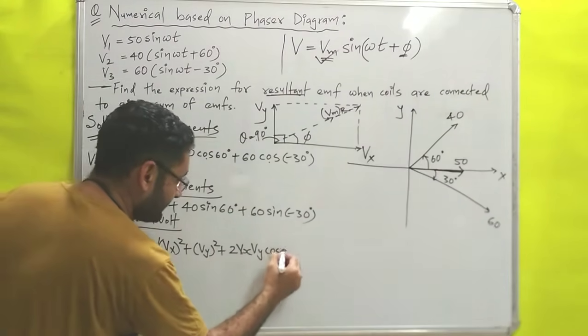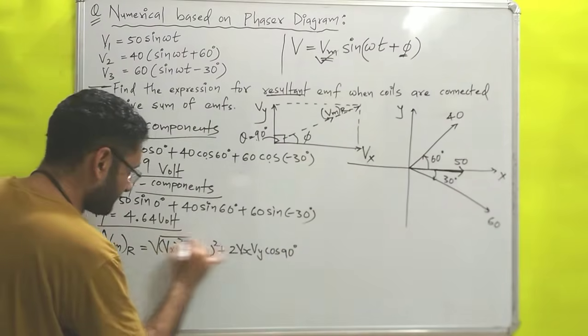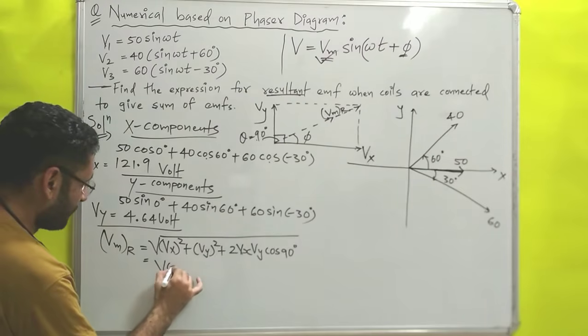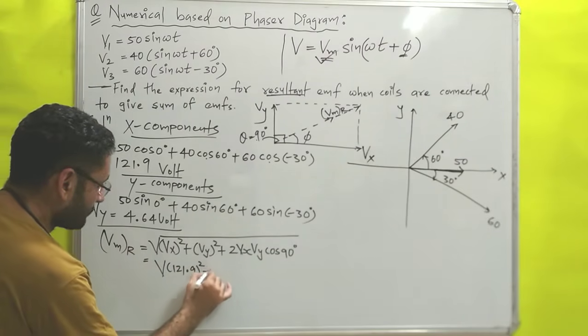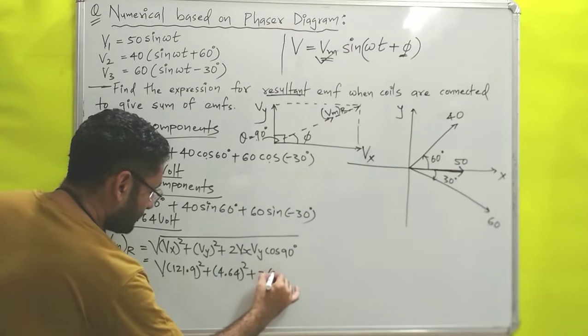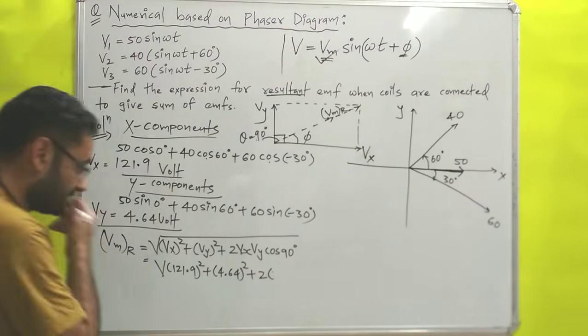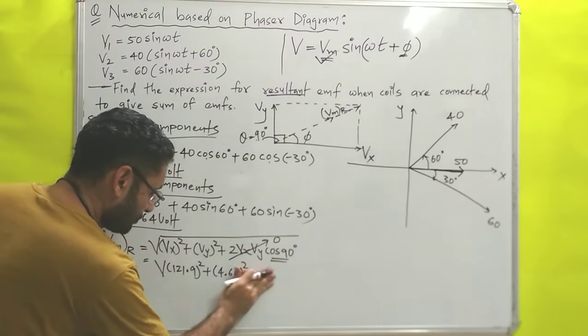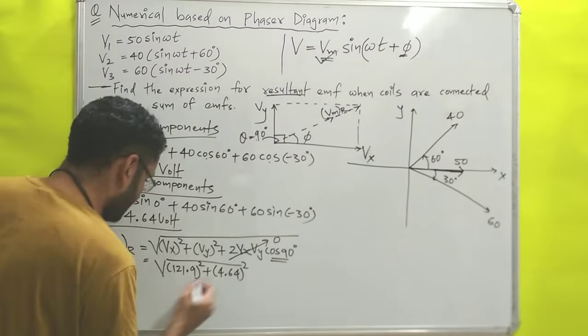Theta is 90 degrees, the angle between the two vectors. Vx value you have, which is 121.9 whole squared, Vy value 4.64 whole squared, plus 2 into... no need to write this value, because cos 90 is 0, so that whole term will be 0. So only that much value you have to calculate.